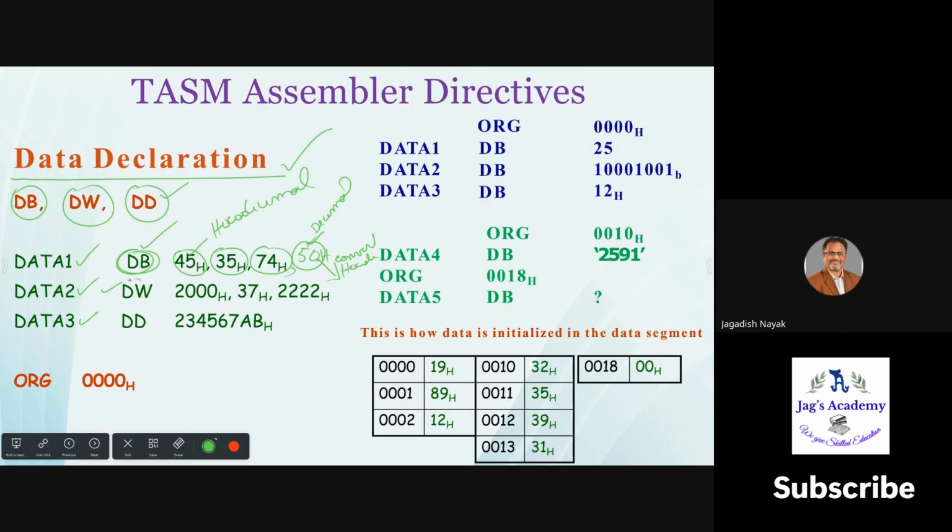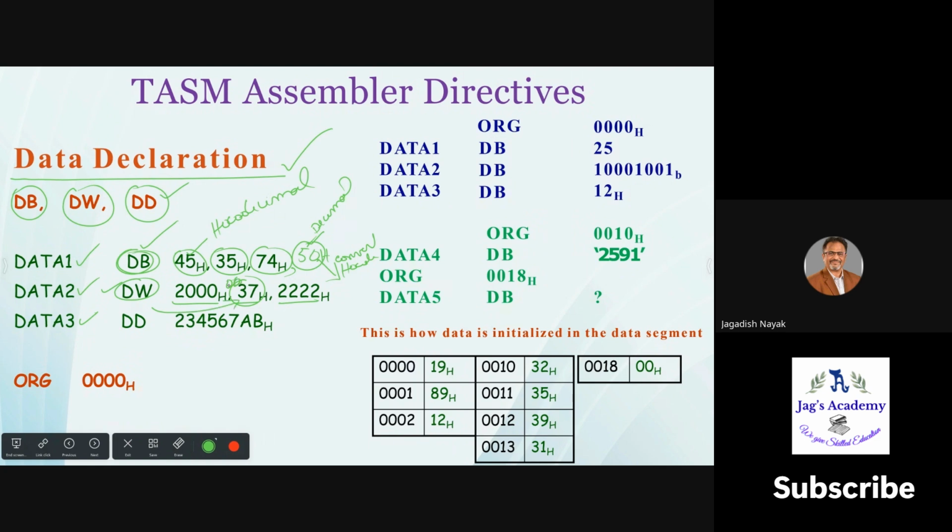Similarly, data 2, which is a word, which is 16-bit, is declared like this. See, now can you see here it is declared as 37H, right? In that case, what will it do? It will just take the upper part as 00, right? Understood this? This is 16-bit only, right?